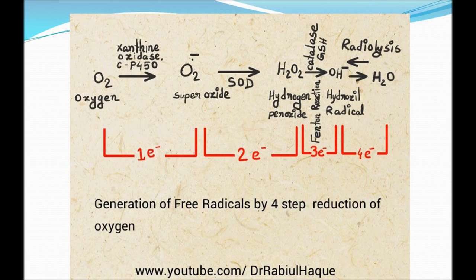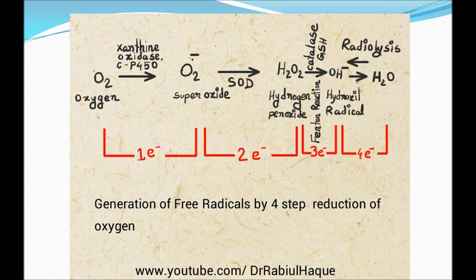In your textbook you will also see that superoxide dismutase includes both manganese superoxide dismutase and copper zinc superoxide dismutase, and these 2 enzymes have different locations. Manganese superoxide dismutase is located inside the mitochondria, whereas copper zinc superoxide dismutase is found inside the cytosol. So that's an important thing to know.